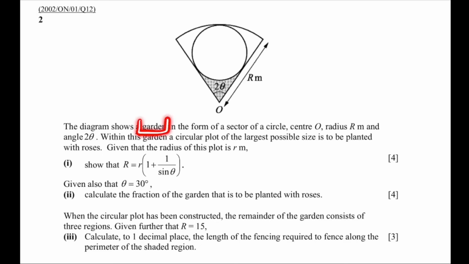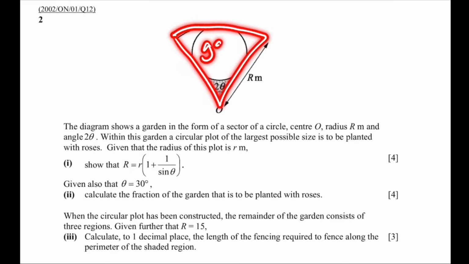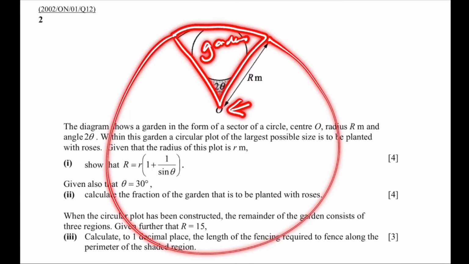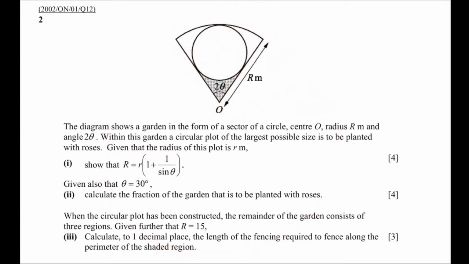We have a garden in the form of a sector of a circle. So this is a sector of a circle, and this is a garden. Sector of a circle meaning to say this should be the full circle, this should be the center. But now, instead of having the full circle, we are just having a sector, a part of the circle, as a garden.